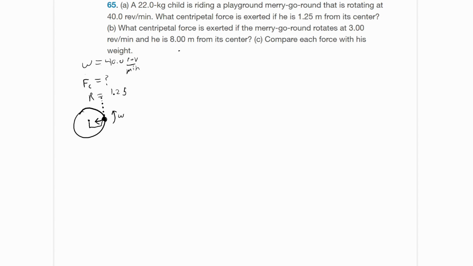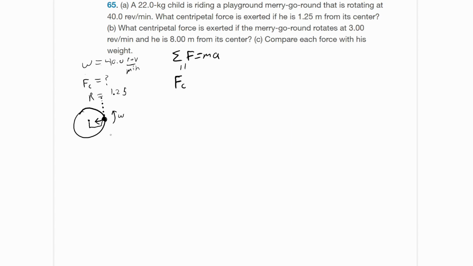So let's just write down Newton's second law first off. Sum of all forces, it's always a good place to start, equals mass times acceleration. In this case, the sum of all forces is the net force. That's always the case. In this case, the net force is the centripetal force.